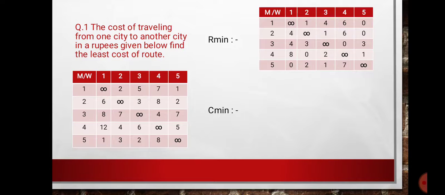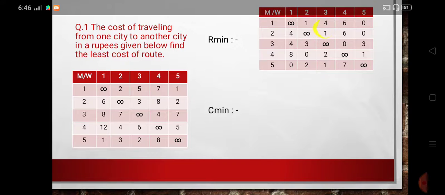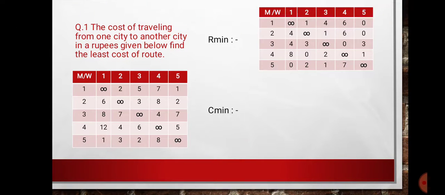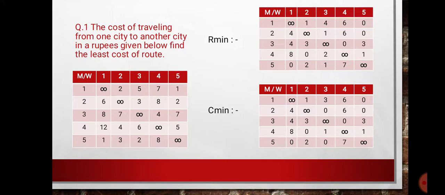In the second column the minimum value is 0, so the second column also stays the same. But in the third column the minimum value is 1. This 1 is subtracted from all of these. Here 0, 1, then 0 and 3 come. Now the minimum value here is 0, the same column comes, and the minimum value is 0, the same column comes. Now check again, the same here: 0, 1, 0, 3.